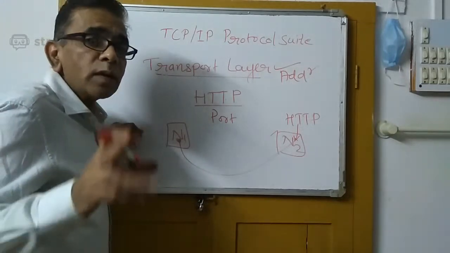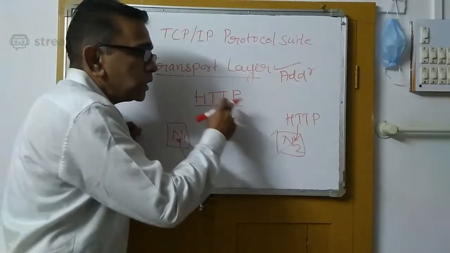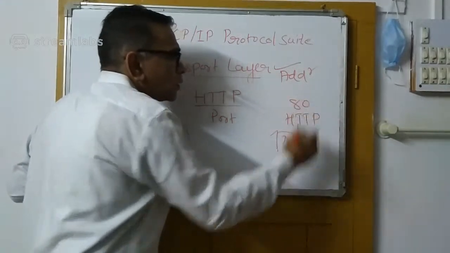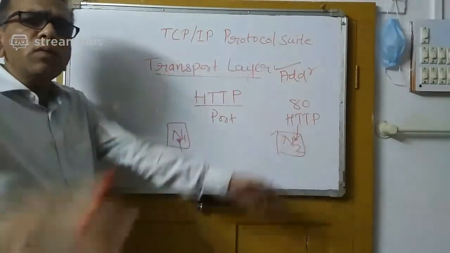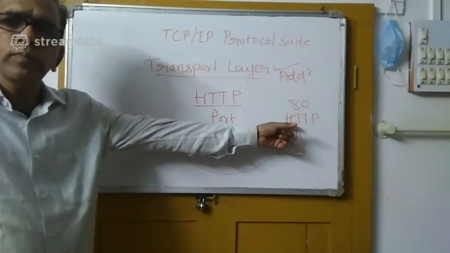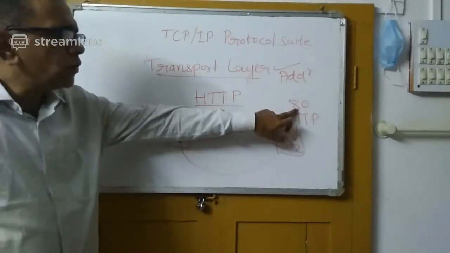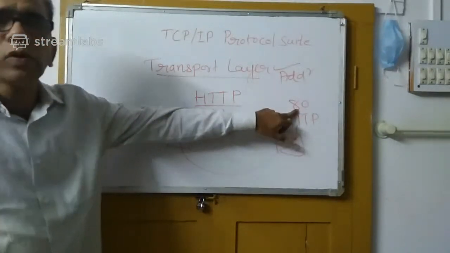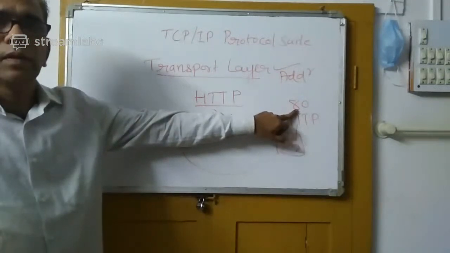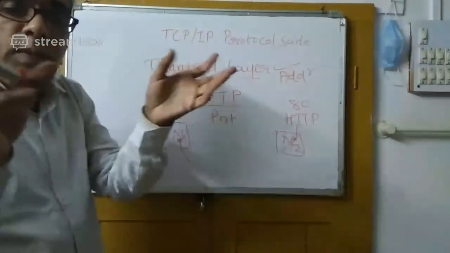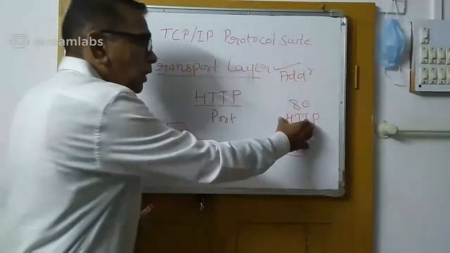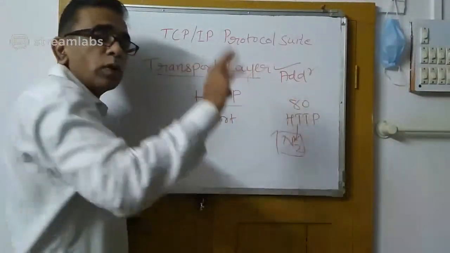That port number for HTTP is fixed. No matter on which server you are installing HTTP, it will be connected to port number 80. So here we don't need a separate mechanism to identify to which port it is connected.